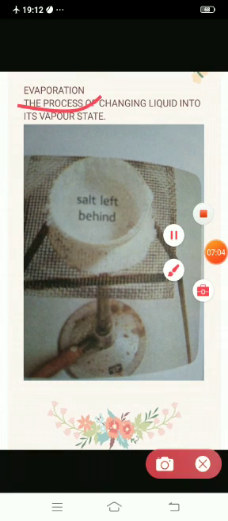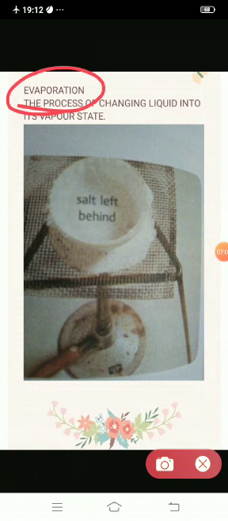Evaporation is a process in which the liquid directly converts into vapor state. For that, again we take a burner, a tripod stand, and a china dish which we can heat, inside which we take the mixture in which salt or sugar is dissolved in water.